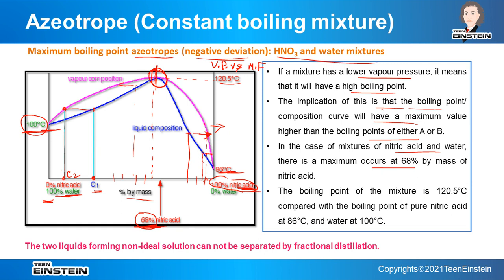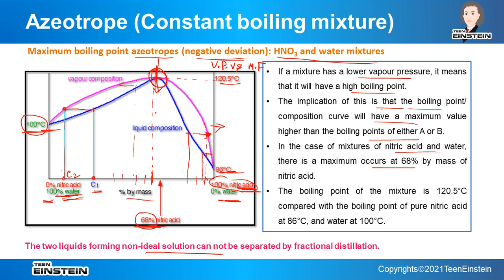So these two liquids are also forming a non-ideal solution, and we cannot separate them by fractional distillation, because once we reach 68% of nitric acid, whether we are moving from the left hand side or right hand side, that is from the water side or the nitric acid side, we cannot move further, because at this point the composition of A and B in both liquid and vapor are the same.